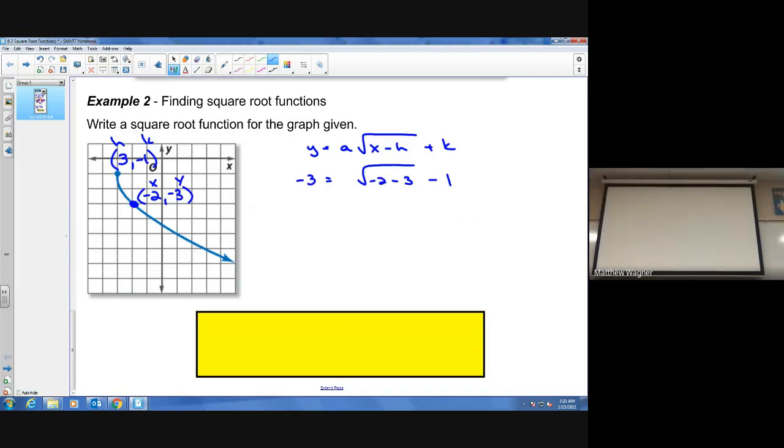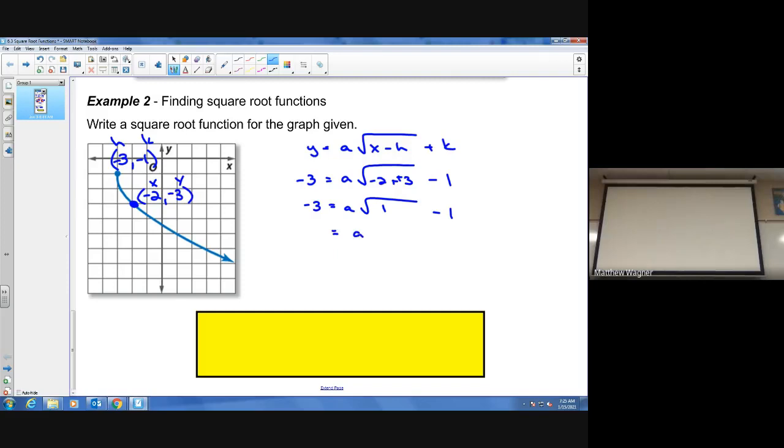All right. So we wind up with, whoops, that should be a -3, which makes that a -3. All right. Once we plug in our H, K and then our X and Y, you'll notice we have one variable left. We should be able to solve. -2 minus a -3, all right, and -2 plus 3 is 1.